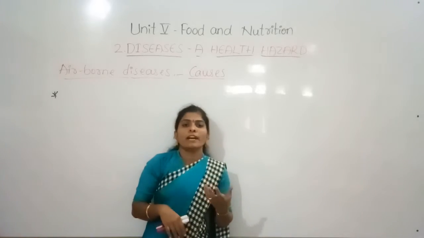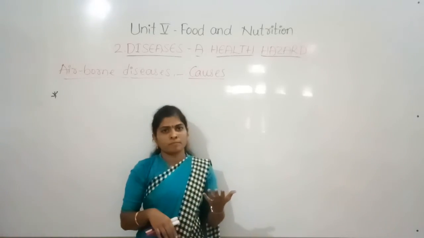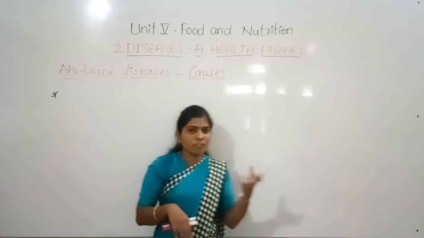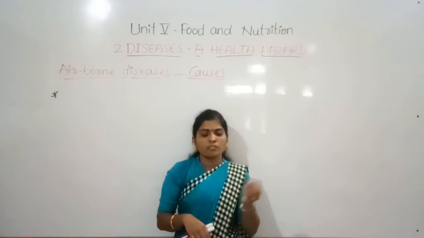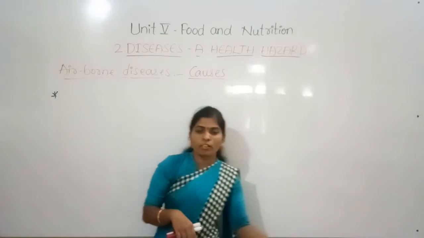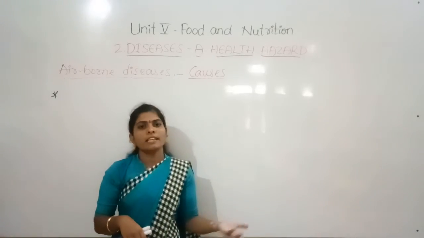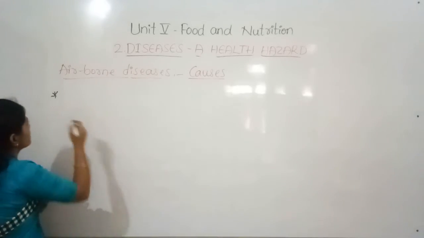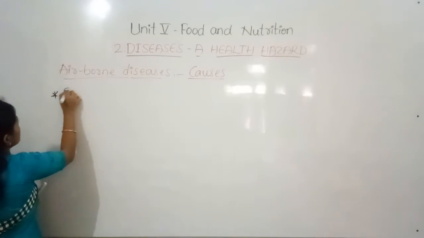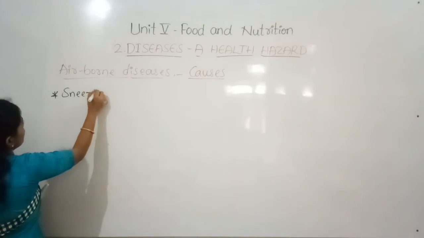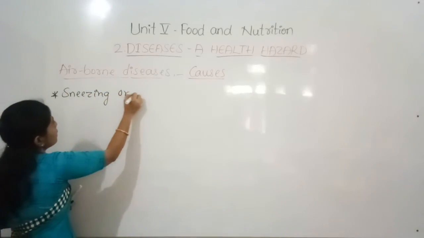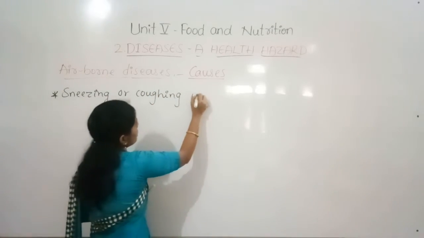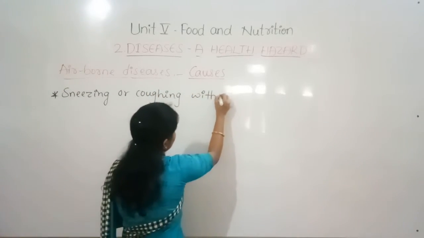And also when a person spits on the ground, in that spit also some germs will be there, so they will enter the body of another healthy person, so that they also get the diseases. So the causes of these diseases are sneezing or coughing without covering one's face.